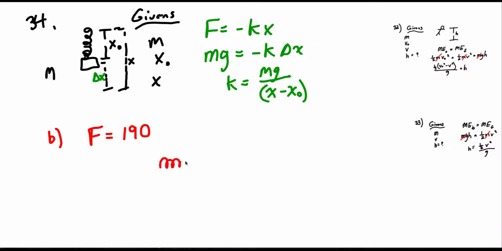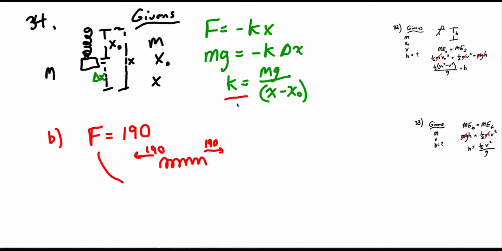Because of Newton's third law, even if you're pulling 190 newtons from both directions, the force is still just going to be 190 newtons. So the spring only undergoes 190 newtons of force because of Newton's third law.